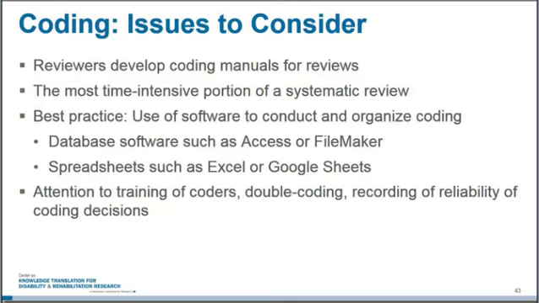Many people use Excel or Google Sheets, if you're sharing across, to code these kinds of things in each study. So this is another important thing to consider when you're planning a systematic review. How are you going to manage the coding part? What kind of software are you going to use?